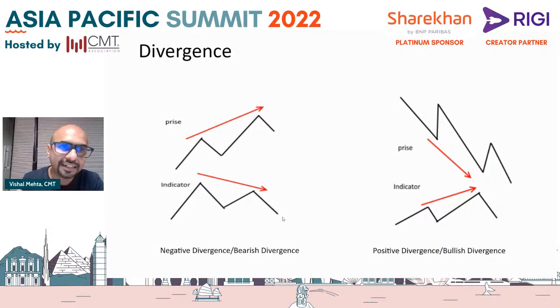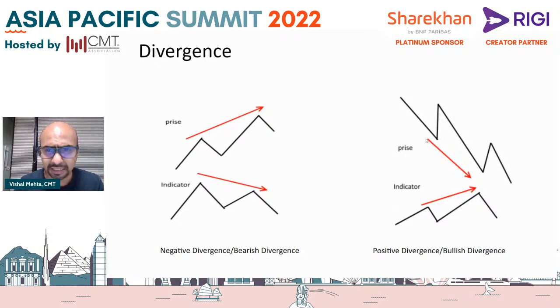And in the trading world, we call that a divergence. What do I mean by divergence? It is between prices and the momentum. Your car's speed and acceleration have to go in the same direction, up. But if your direction is up but acceleration is going down, the prices are going up but the momentum is coming down, then there is a divergence between the two. In this case, when the prices are going up and the indicator is going down, it is called negative or bearish divergence.